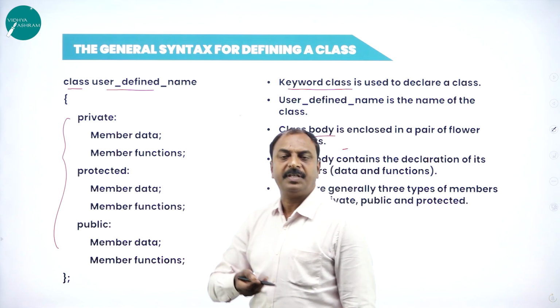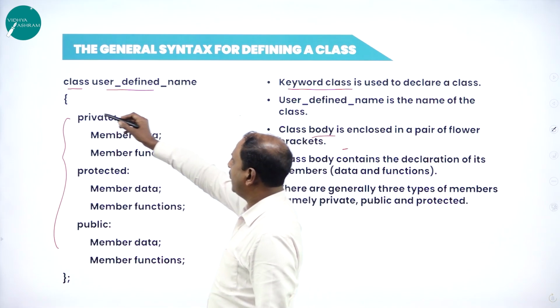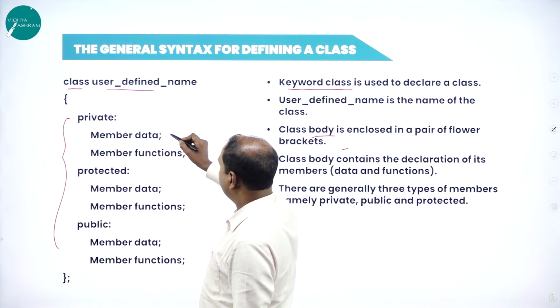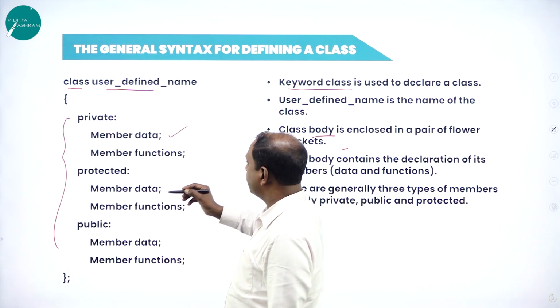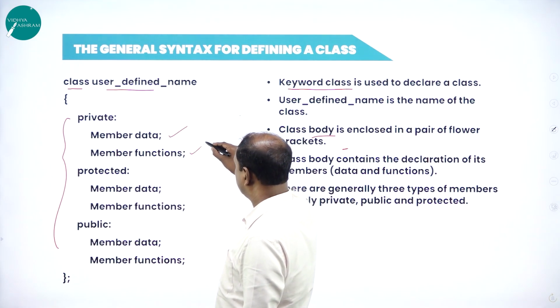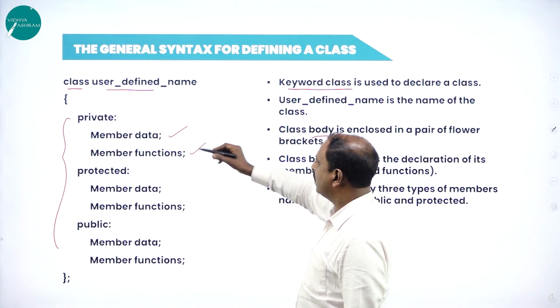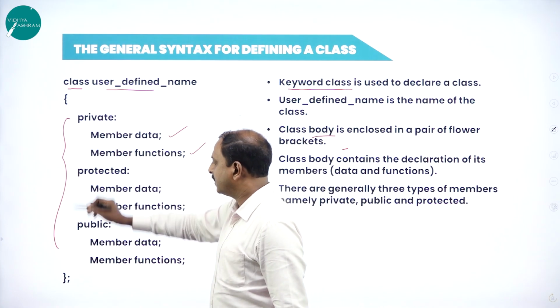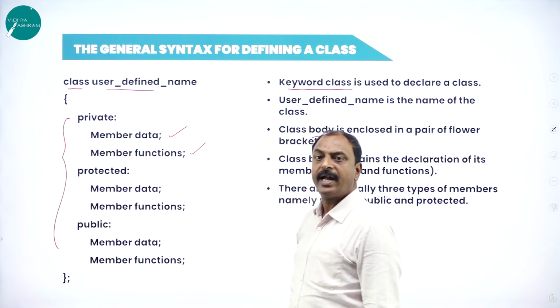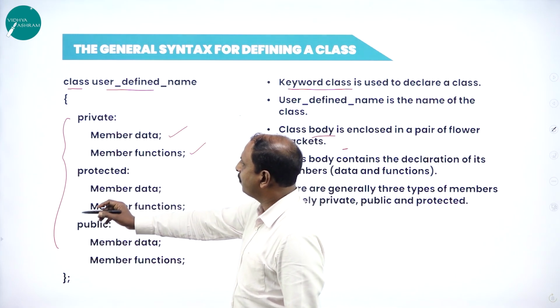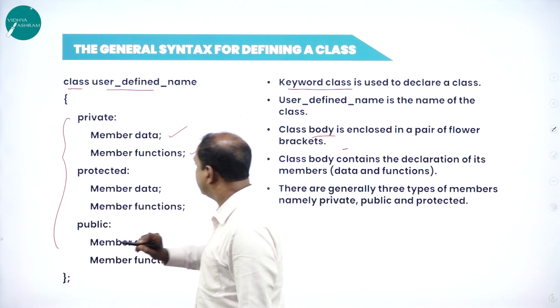As we learned in the previous slide, the class contains the data members along with the member functions associated with the data. These are defined inside, between these two brackets.